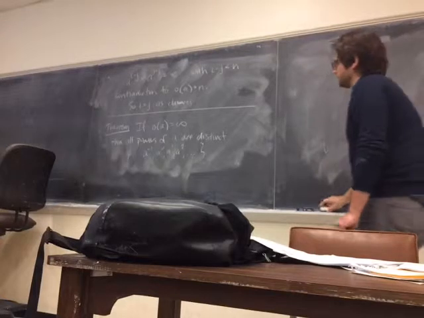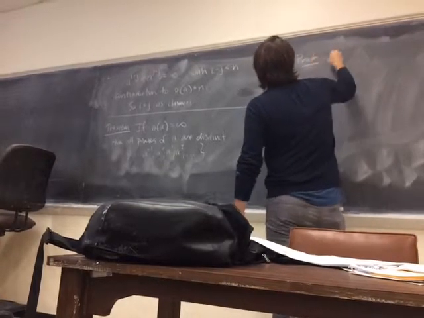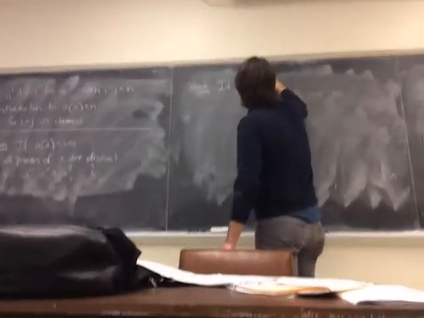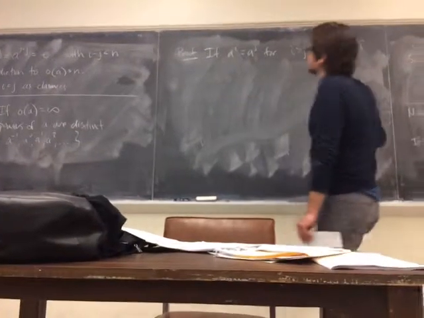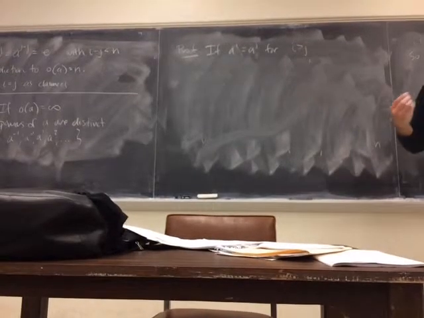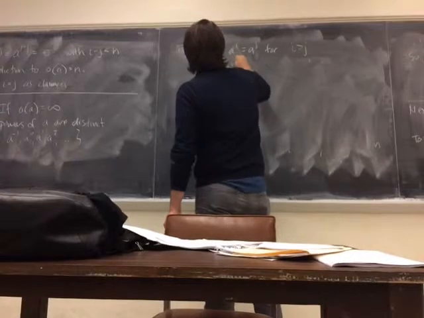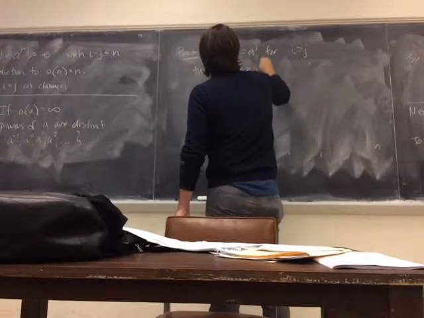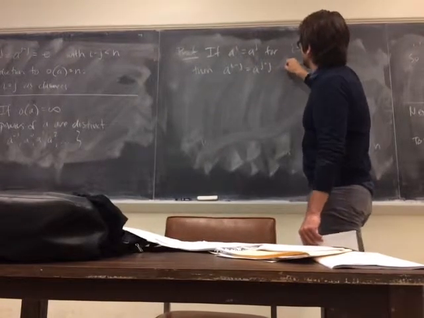So the one-line proof of this is, if you did have a to the i equals a to the j for, say, i bigger than j, let's do the same trick. Divide by a to the j, or multiply by a to the minus j. So a to the i minus j will be equal to a to the j minus j, which again is e.